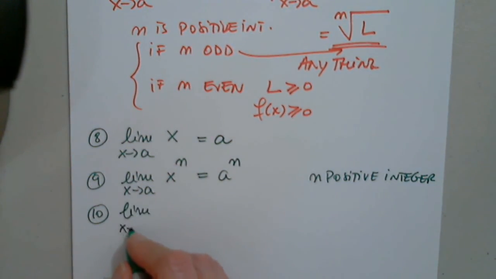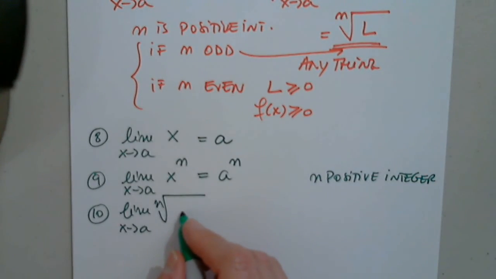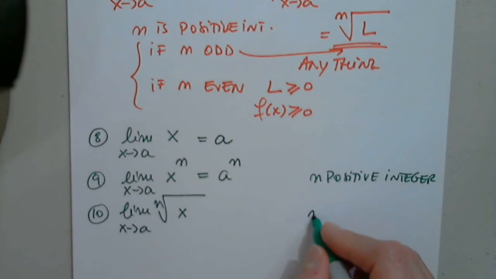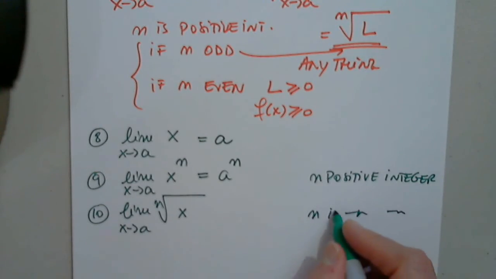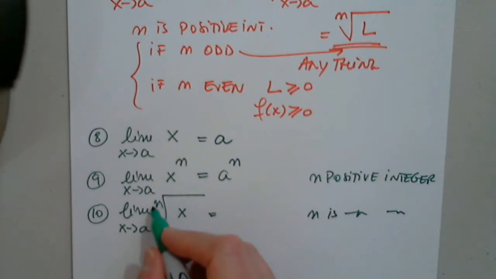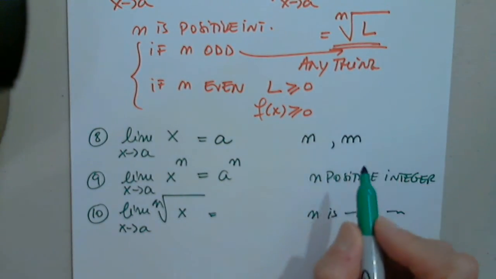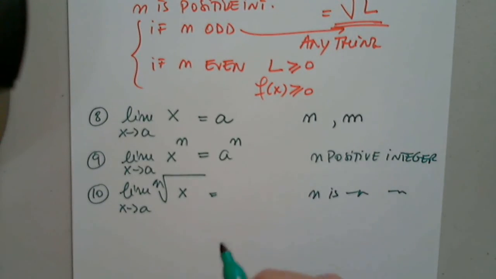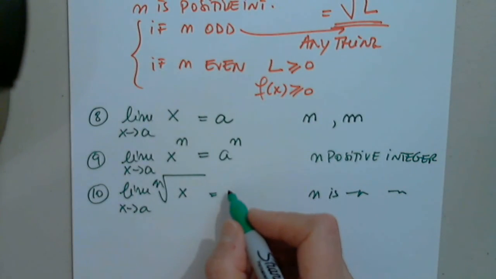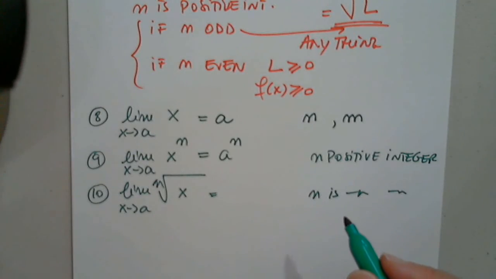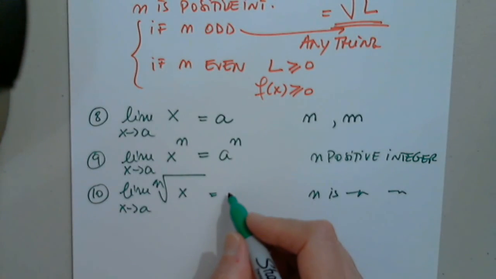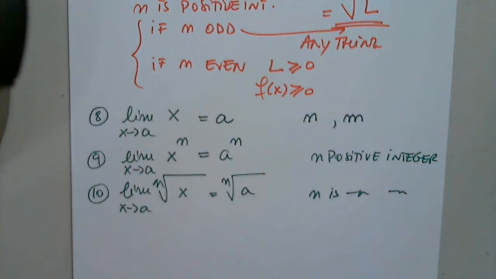And last one, limit as x approaches a of the nth root of x. Of course, n is a positive integer. What will you say? I'm sorry, but this is my n and this is my m. What will I have to write? The nth root of a. That's it. Awesome. Good. So now let's look at a few examples.